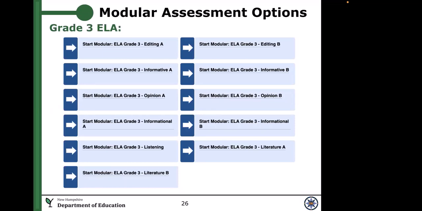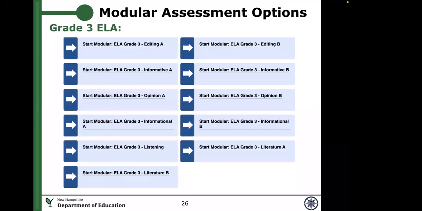You would open up the informative and you would see that it's writing and that the informational would give you passages and that it would be a lot of questions associated with it. When you are administering, you just want to make sure that you're choosing the right one, because if you're trying to give a modular on reading informational text and you choose an informative one, kids are going to get a writing prompt. So that's just the only confusion that I see mostly with ELA there.